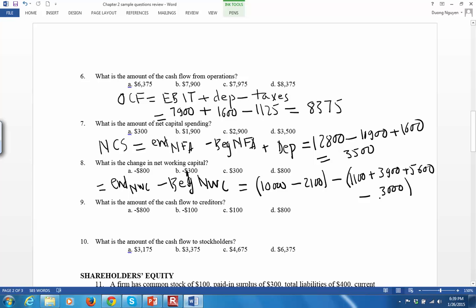The total answer is equal to 300. The change in net working capital is 300.